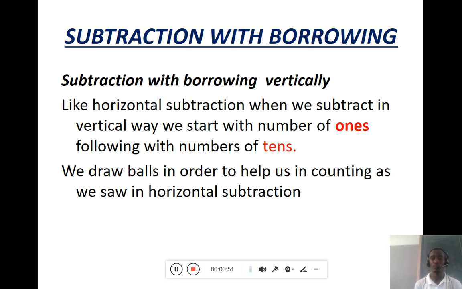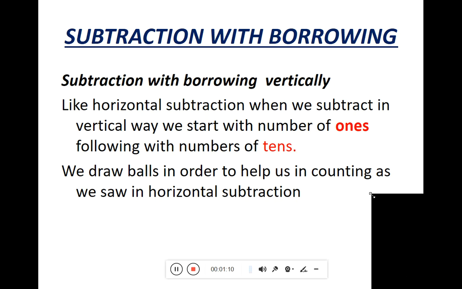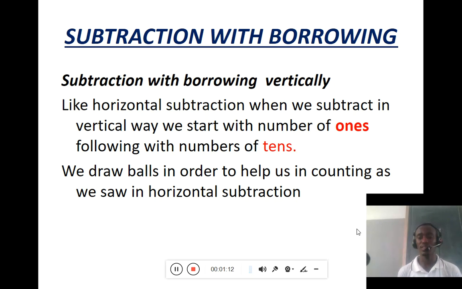Subtraction with borrowing is when subtraction is impossible, meaning when you want to subtract, you cannot get the answer because the first number is smaller than the number you are dealing with. That's why we call it subtraction with borrowing.